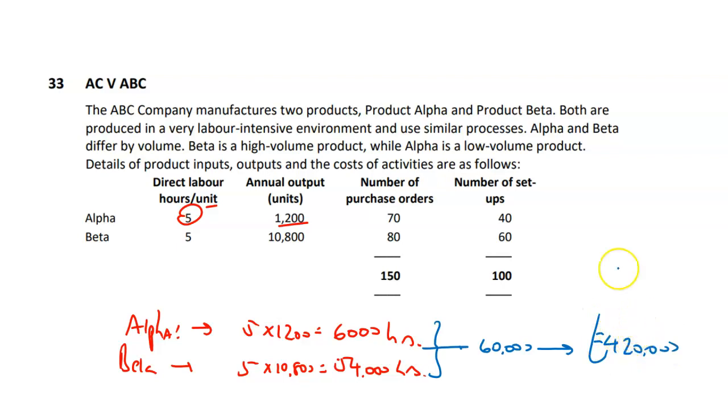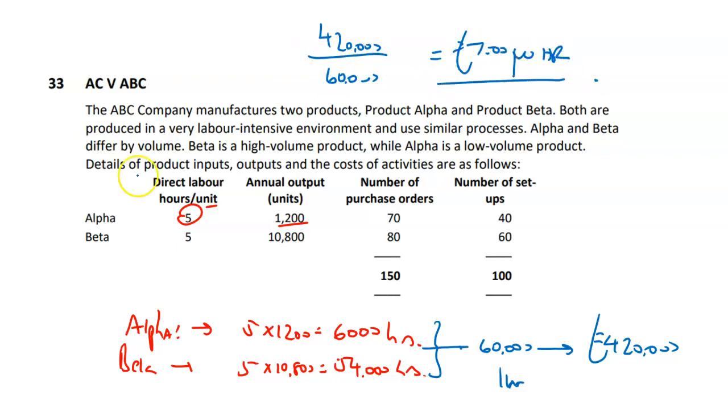So, however you wish to do it, I'm sure you will agree that one of the easier things to do, if I'm wanting to cost these things per unit, is to say, well, what is the cost caused by 1 hour of labor? Well, I would simply divide that 420,000 by 60,000, which gives me £7 per hour.